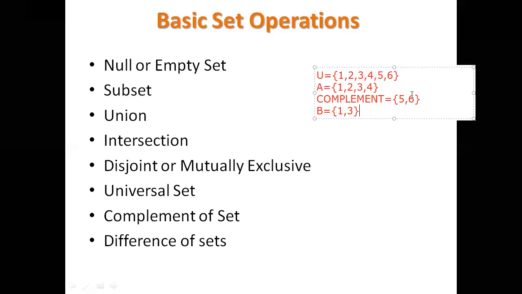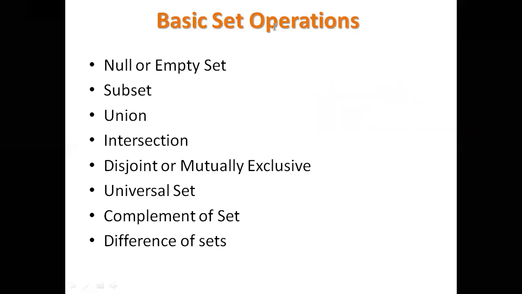If we apply the difference of A and B, A has the elements 1, 2, 3, 4 and B has the elements 1, 3. So the difference gives the elements 2, 4. This is the difference of sets. In this way, we do the basic set operations.